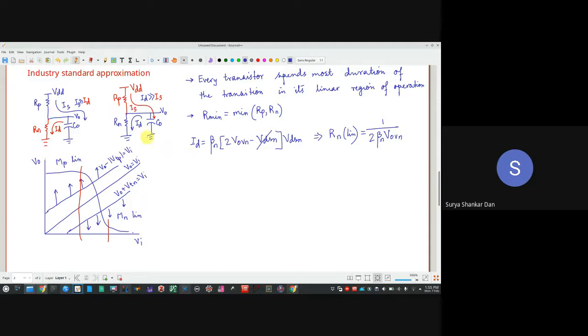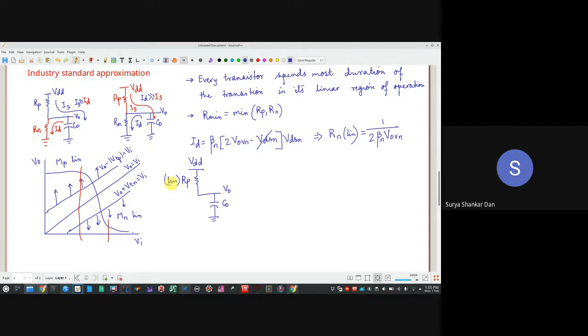So what industry people will do is just this. They will simply say this is VDD, only one capacitor here, that is CO, this is VO, and here we will write RP, but RP in the linear region only.